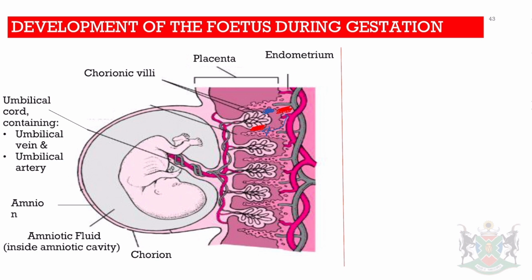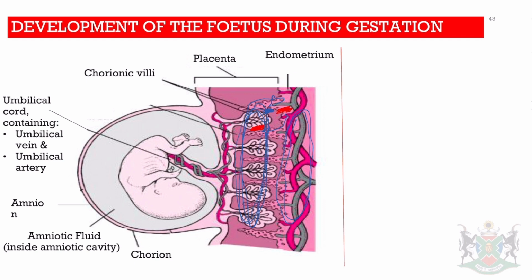The substances that need to move from the fetus to the mother move from a high concentration in the blood of the fetus to low concentration in the blood of the mother. So it is the substances that diffuse. The blood stays separated. The maternal blood runs in the maternal capillaries of the endometrium, and then the fetal blood runs in the fetal blood vessels, which are in the chorionic villi.